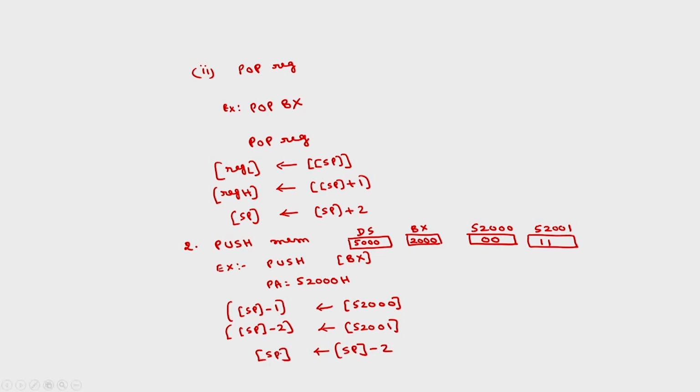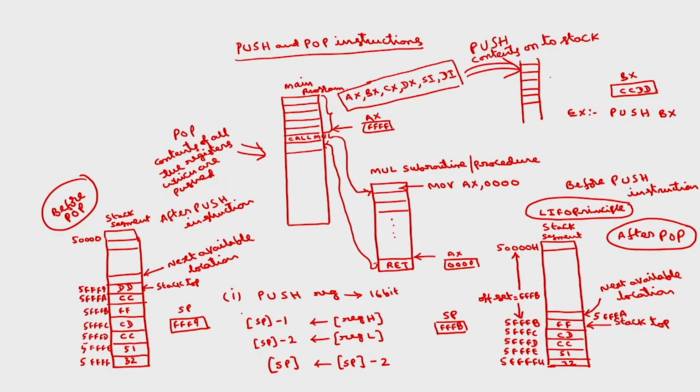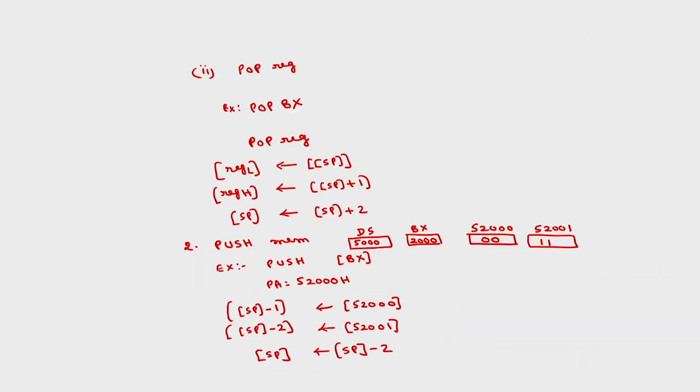This is same as that register. Because SP is, say for example, FFFB, SP minus 1 becomes FFFA, but this is not FFFA. Inside that FFFA we are going to store. This is contents of again FFFA. So the contents have to be present here. So this is about push memory.